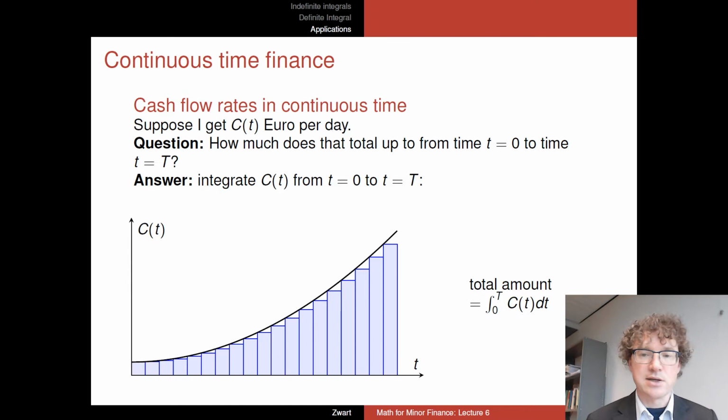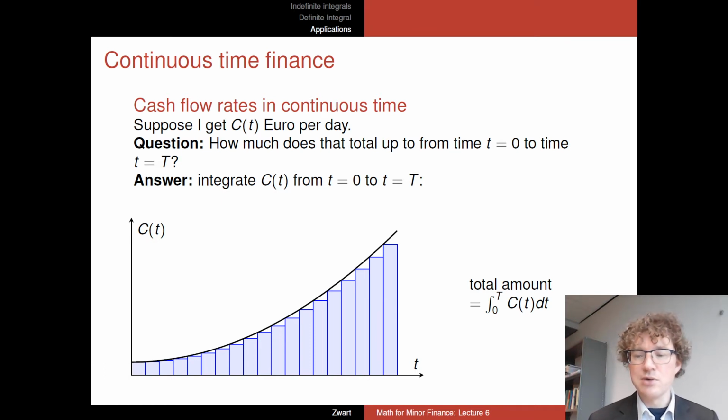So that's the idea. As long as these cash flows occur fairly often compared to the total length of time we're interested in, computing the area of all the blue bars as an integral of the area below the black line, which measures the height of this function, is going to be a very good approximation to what we want to know.